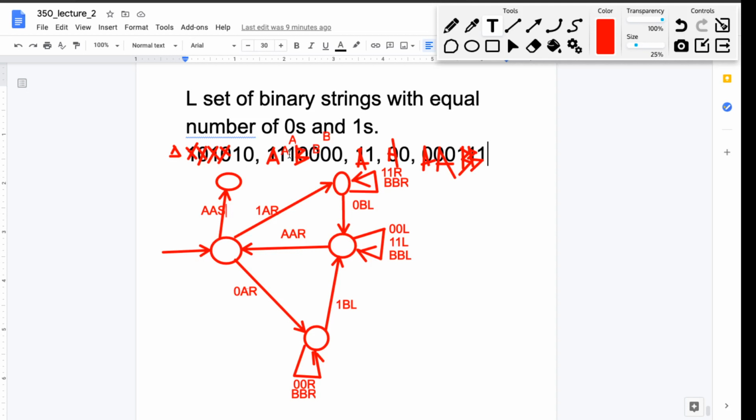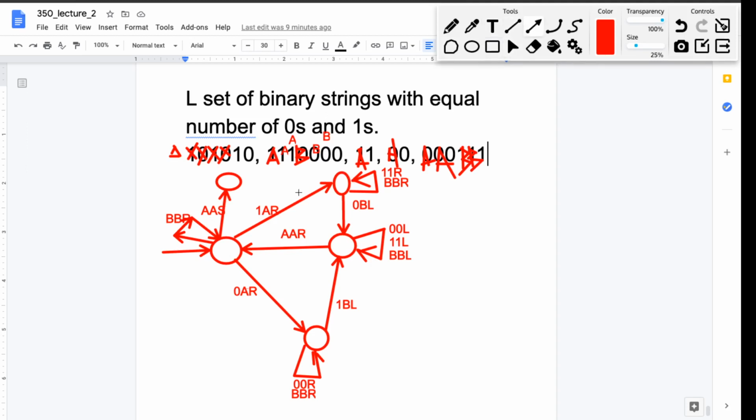Yeah, I should be able to. So I need to loop on all the B's. BBR. I need to be able to loop on all the B's.